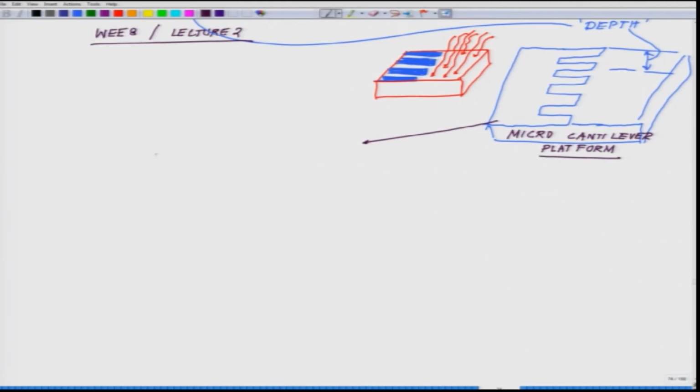Now imagine this as a swimming pool with multiple diving boards.